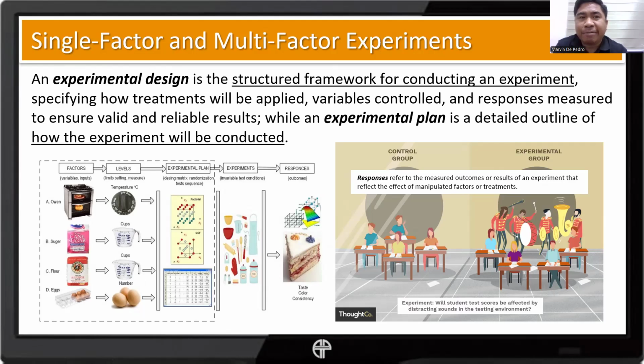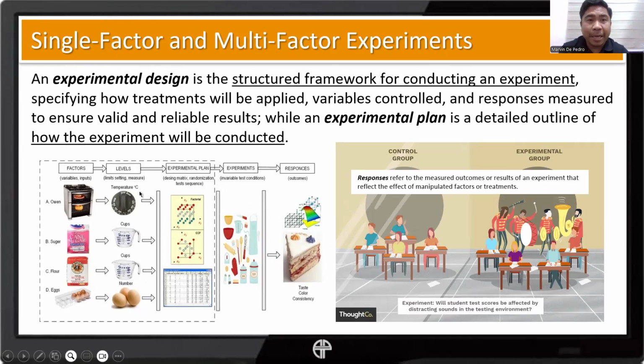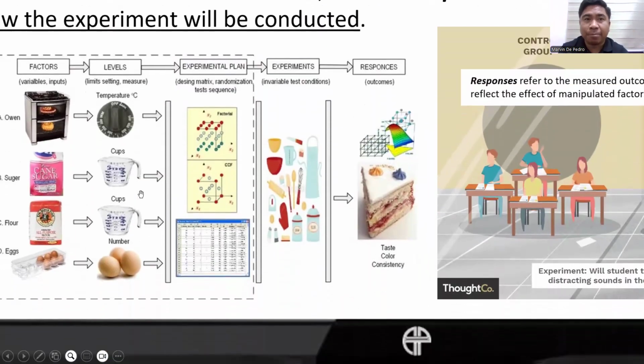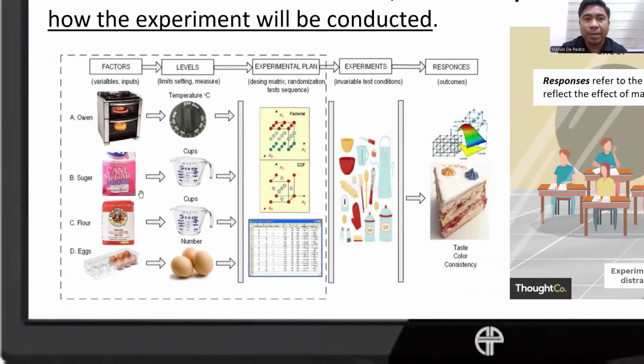On the other hand, when we say experimental plan, we are doing a detailed outline of how the experiment will be conducted. So experimental design, what's in our experiment? Experimental plan, how to do the experiment. These two are sometimes interchanged, but they actually have a slight difference with each other, right?